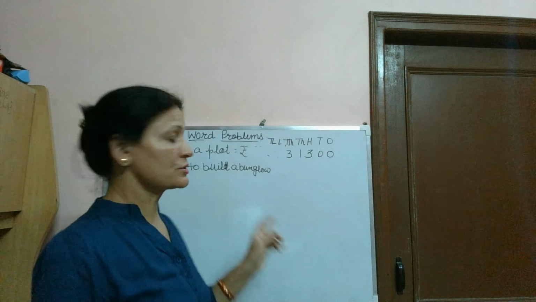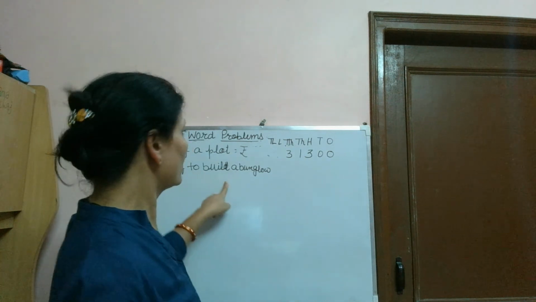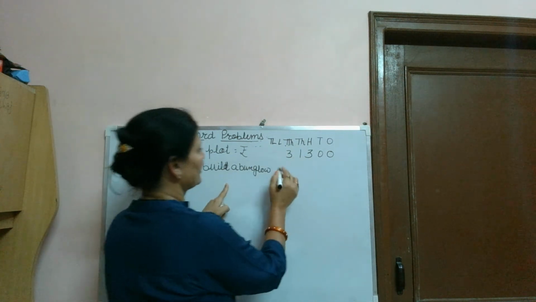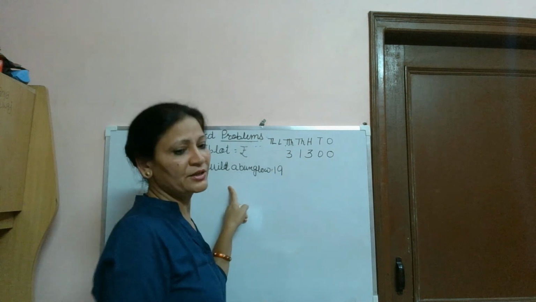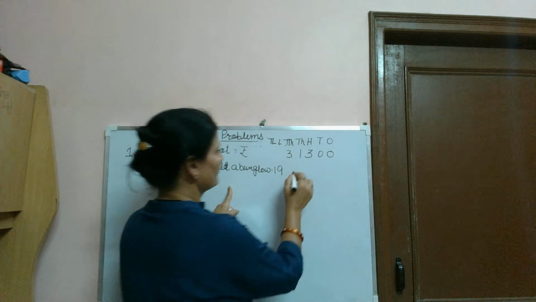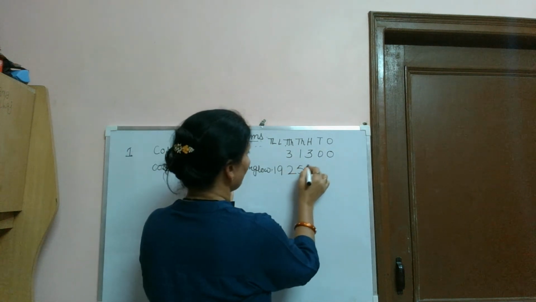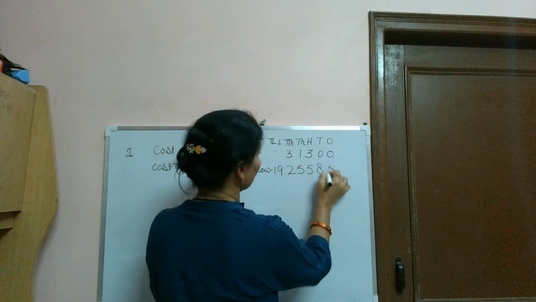Now the cost of building a bungalow: 19 lakh 25,585.